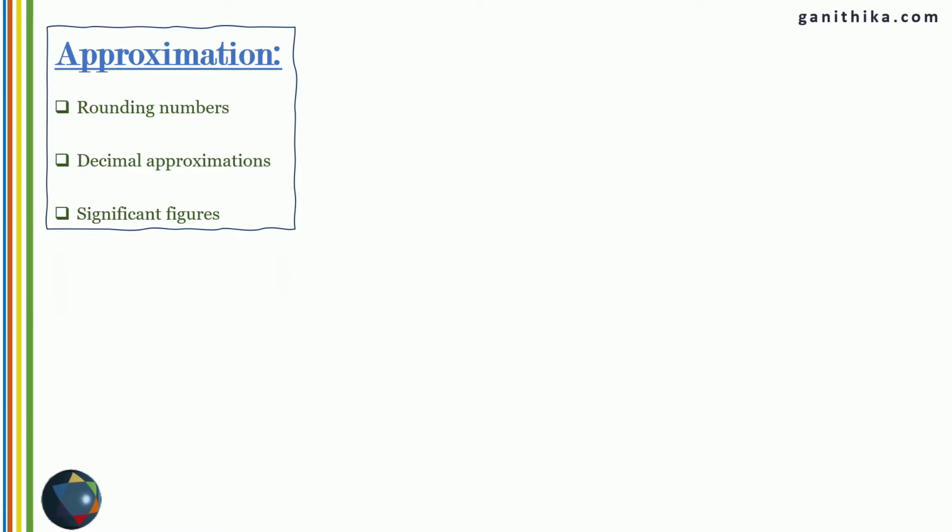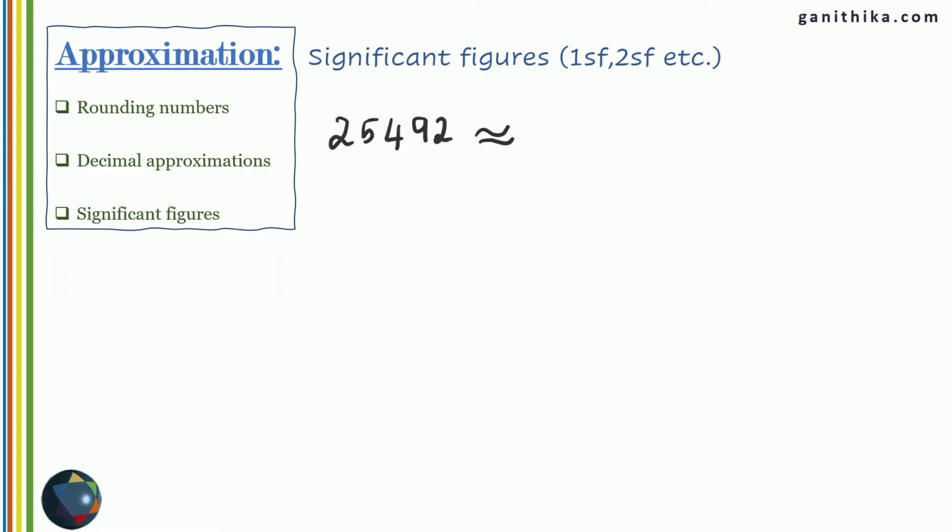Got it? Let's move on to significant figures, which is most significant for DP maths classes. Significant figures can be to 1 significant figure, 2 significant figures, or 3 significant figures, but the most common is 3 significant figures for DP classes. Let's consider this example, 25,492. 2 is the first significant figure on the left side.